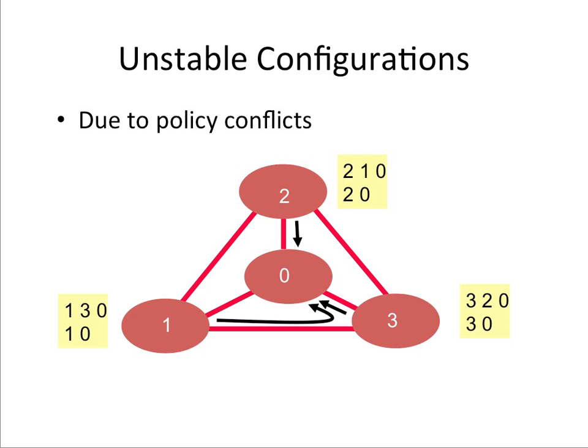When links go up and down, maybe the graph is configured in a certain way that the routes might oscillate for some time. Any question? Okay. All right.